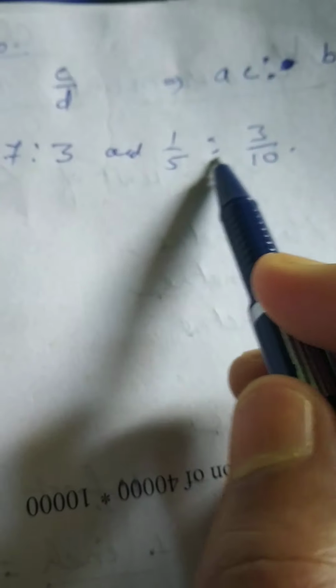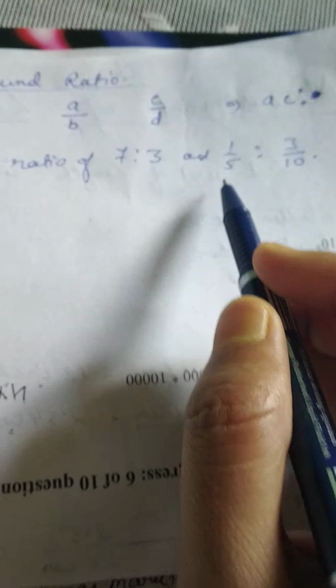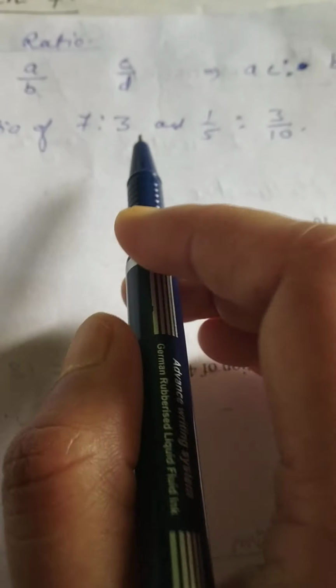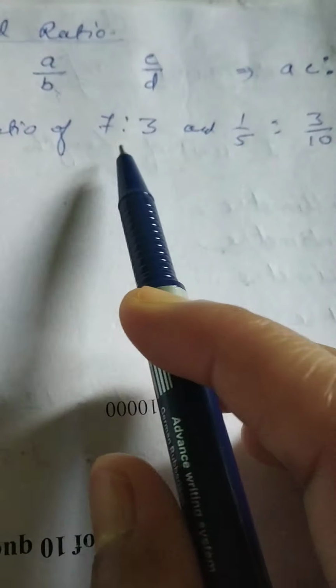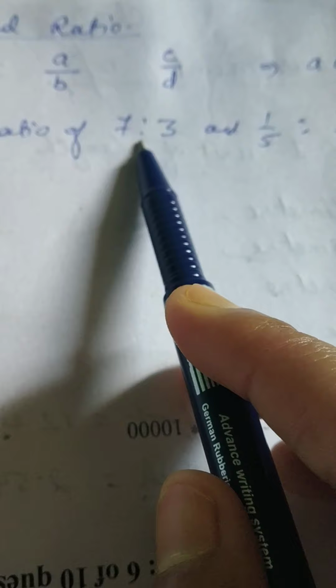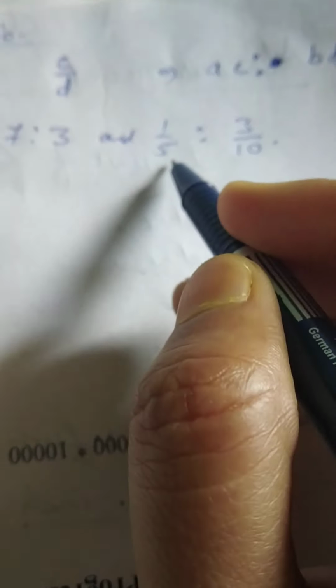For example, find the compound ratio of 7 is to 3 and 1 by 5 is to 3 by 10. First, we will see whether they are in simplest form or not. This is in simplest form but this one is not, so we will change it.